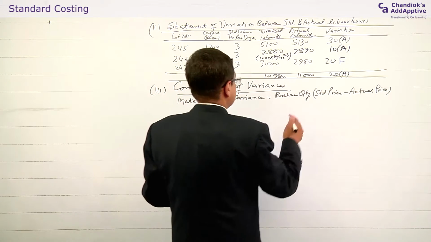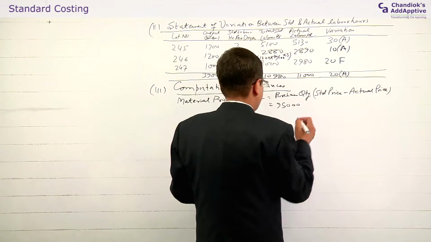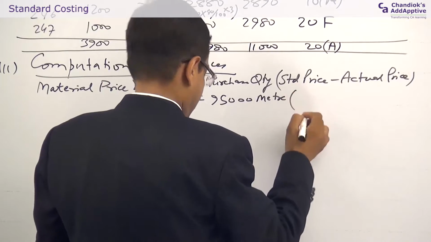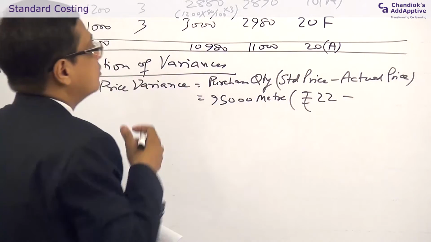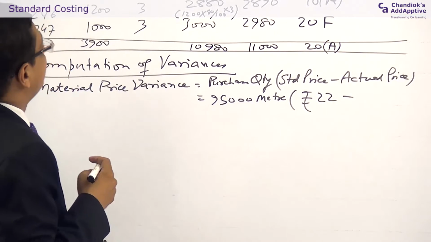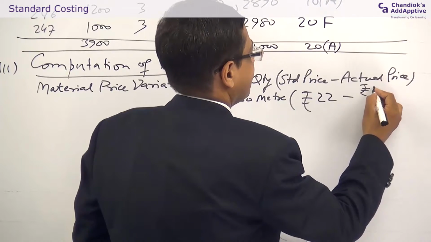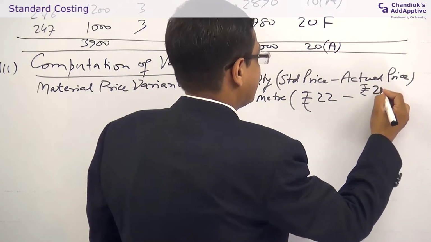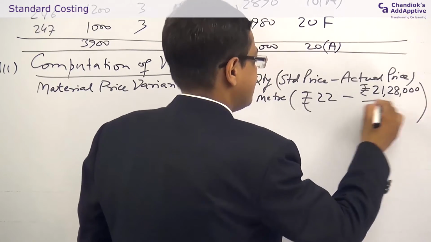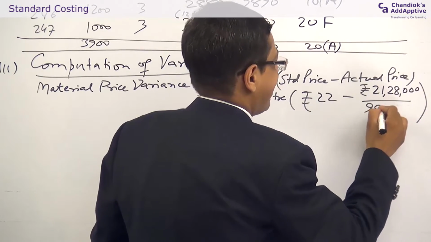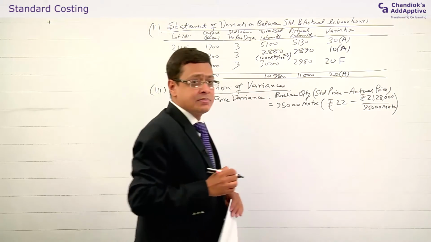If you see, the quantity purchased is 95,000 meter, the standard price is rupees 22. What is the actual price? We can find out. The actual price is given at rupees 21,28,000 for the total purchase. If you divide it by 95,000 meter, you get the actual price per unit.